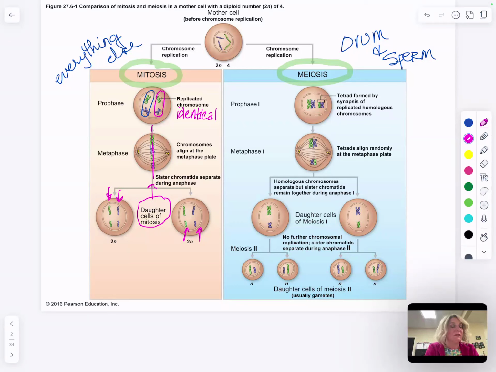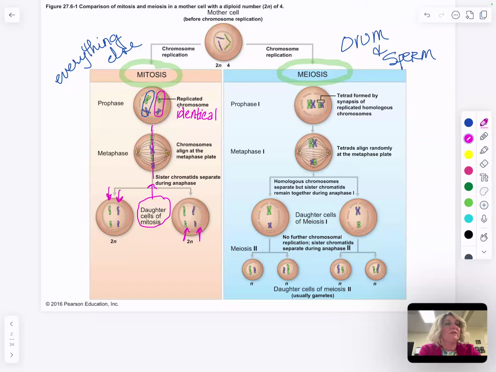Now, with meiosis, this is a little bit different. This is where you have a replication of the cells that turns into either ovum or sperm.